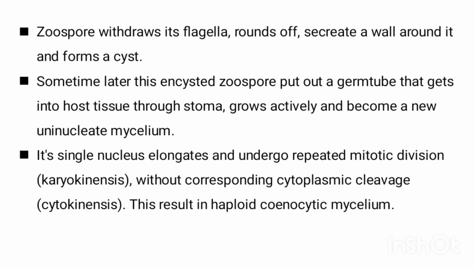So what happens? The zoospore, after it withdraws its flagella, a wall layer is formed around it. It forms a cyst, and after undergoing a period of rest, the zoospore puts out a germ tube, and this germ tube grows into the host tissue and produces uninucleate mycelium. Each nucleus undergoes division.